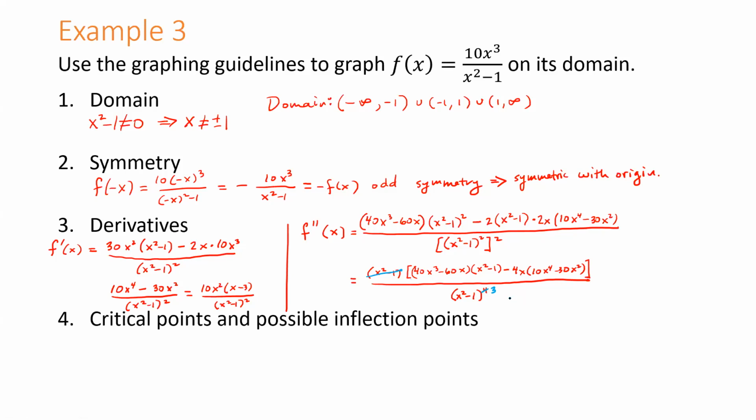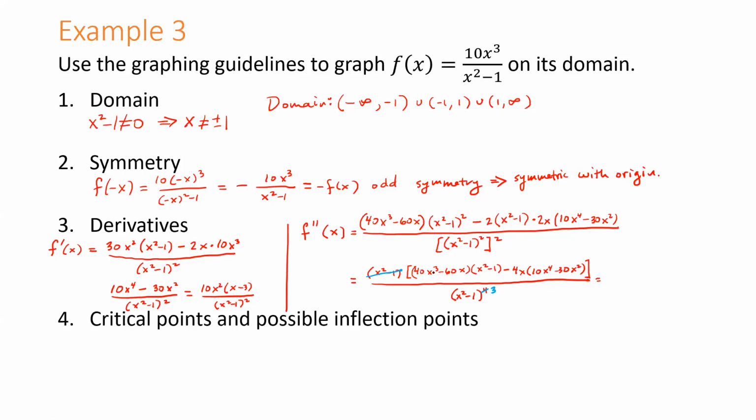Okay, and actually from here, it would require a little bit of foiling, and then combining like terms. So if we go a little bit further here, we can do some foiling and combining the like terms.